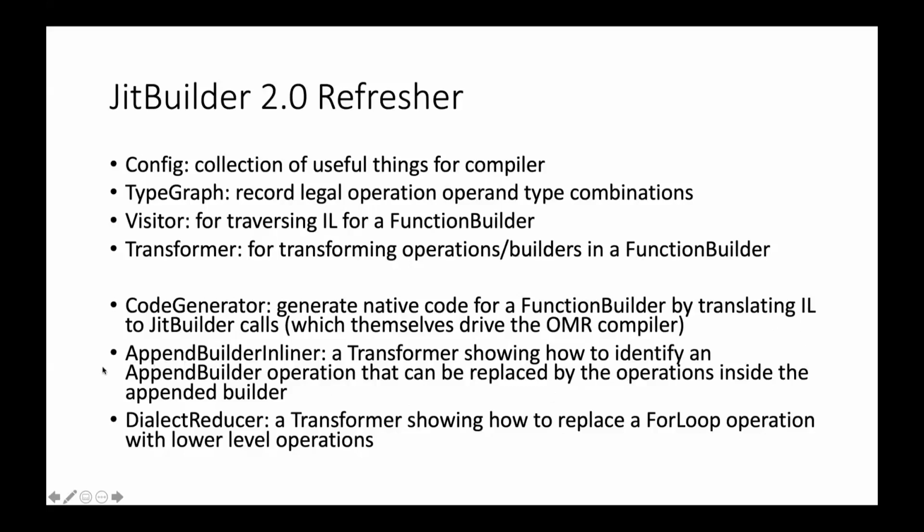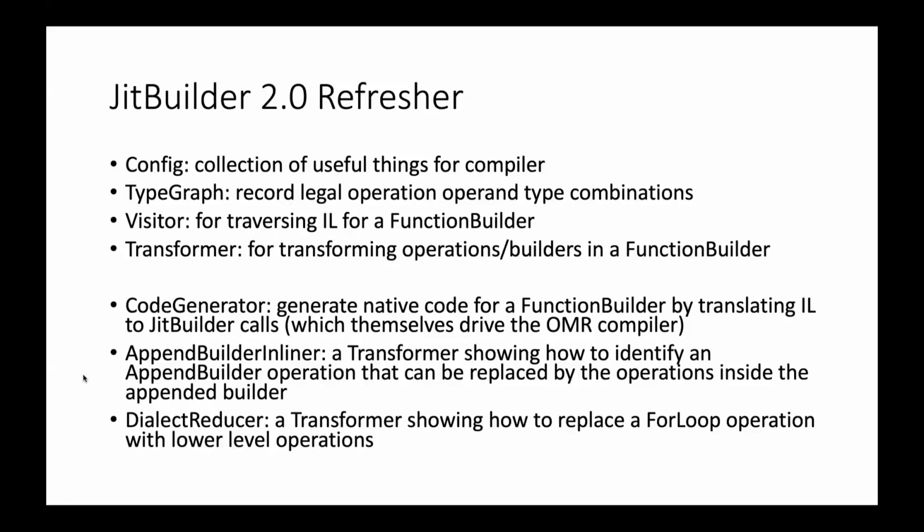Append builder inliner is really the first example of a transformer that I wrote. It's not all that useful, but there is an operation in JitBuilder called append builder, which basically says take this builder and act as if it's inline in the current builder. So if nothing else branches to that builder, like jumps directly to the builder that's in the append builder, then you should be able to just inline that code.